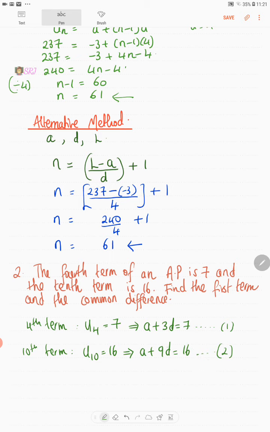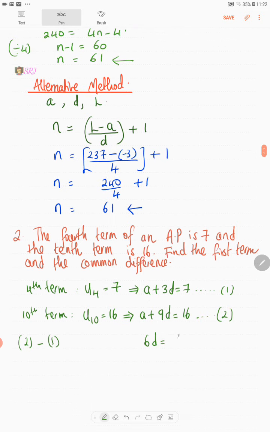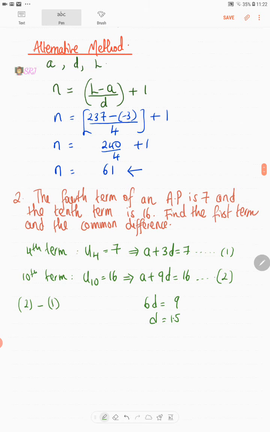Now we have to solve these two equations to obtain the first term, a, and the common difference, d. Here we can take the second equation minus the first one. The a cancels out, and 6d is equal to 9. Therefore, d is equal to 9 over 6, which is 1.5.